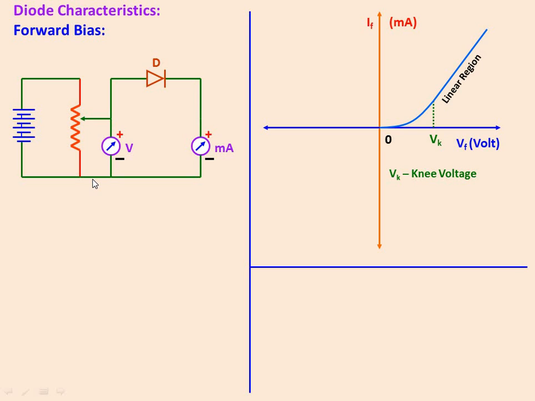Once we cross that value, the potential barrier is almost eliminated and current starts flowing. And this voltage is known as threshold voltage, cutoff voltage or knee voltage.